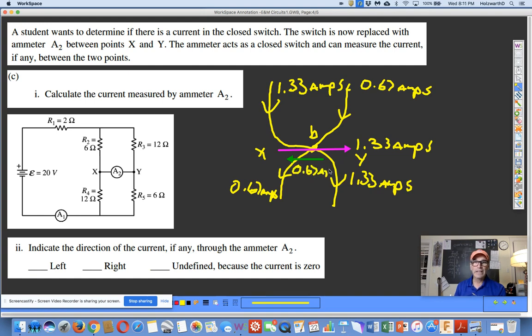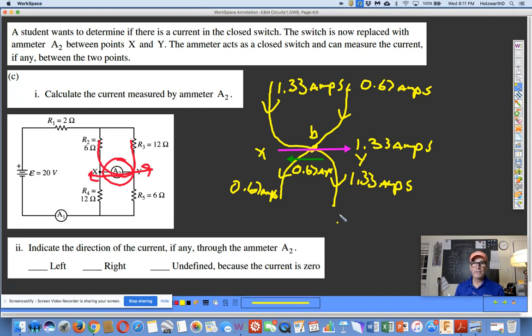If you take the sum of those, the ammeter reading is going to be the net current that flows between X and Y. If you've got 1.33 going one way and 0.67 going the other, the net ammeter reading is, you guessed it, 0.67 amps.